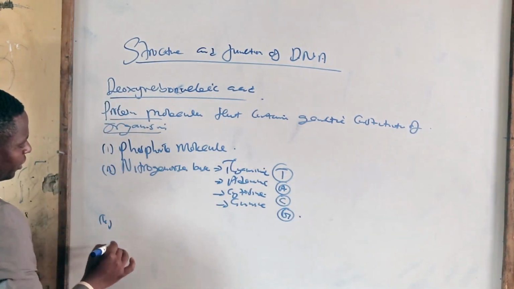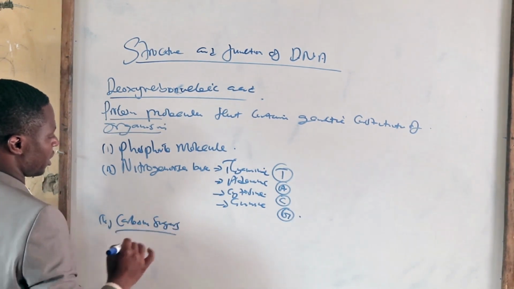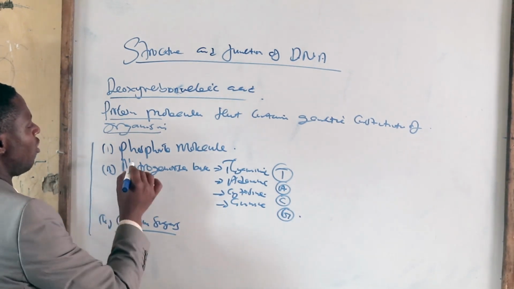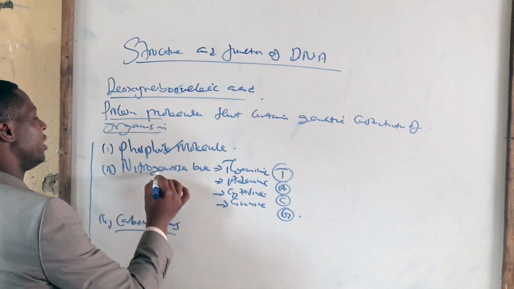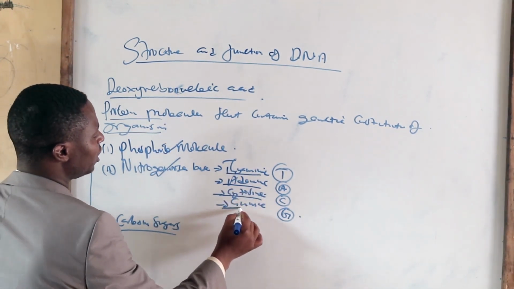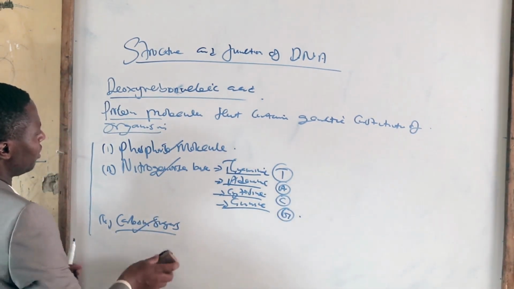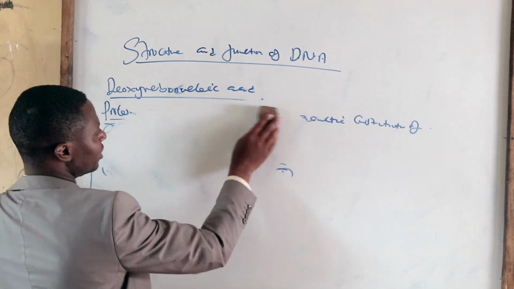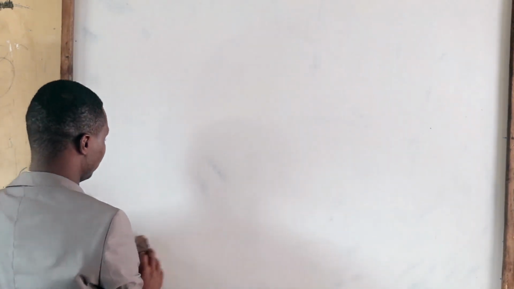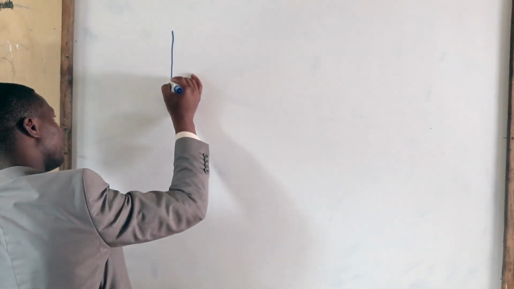Then number three, the carbon sugars. So by structure, DNA comprises a phosphate molecule, nitrogenous bases thymine, adenine, cytosine, and guanine, and then the carbon sugars. So let us draw that DNA and be able to differentiate between the phosphate molecule, the nitrogenous base and the carbon sugars.